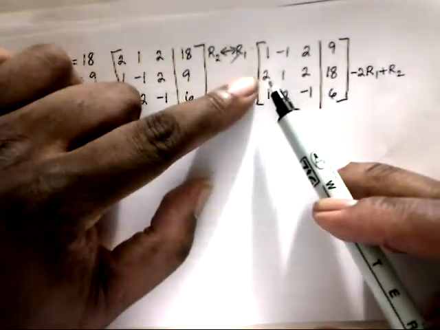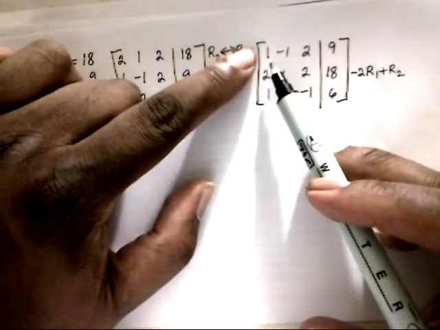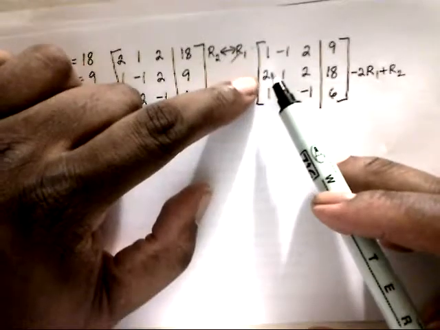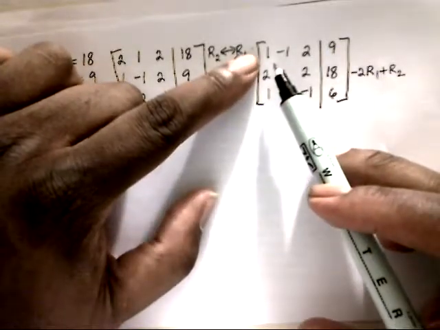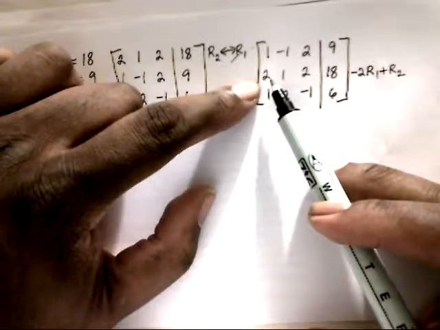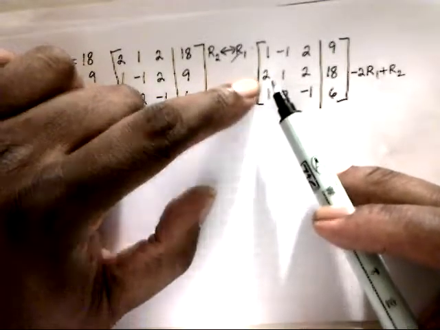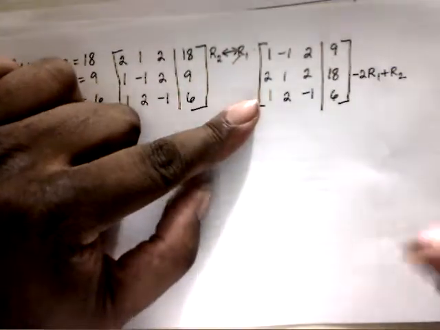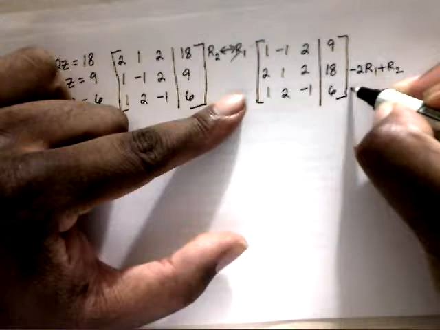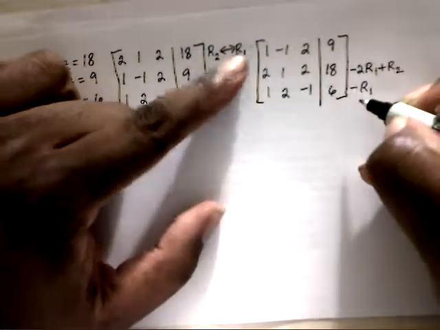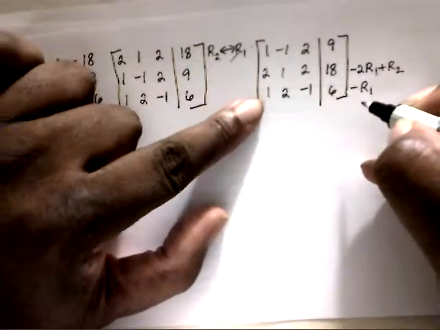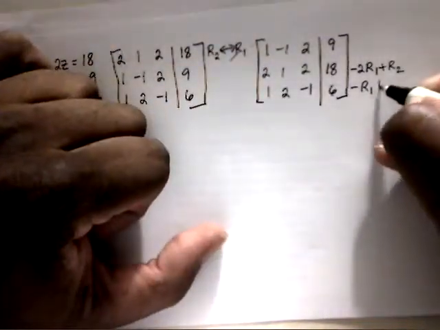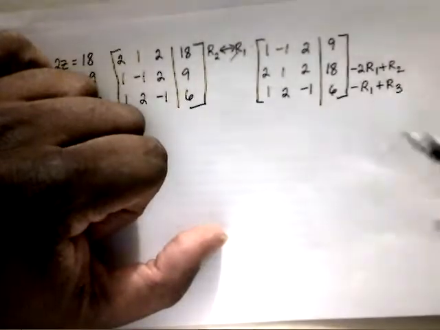In order for me to make that a 0, I have to do the opposite of the first row. Also, I'm going to make a 0 underneath this first 1 in row 3. This 1 is positive and so is this 1, so to make that 0, I have to make row 1 negative plus row 3.